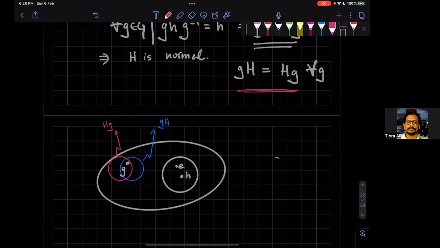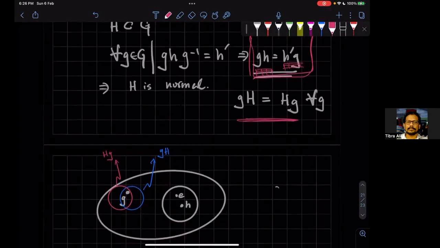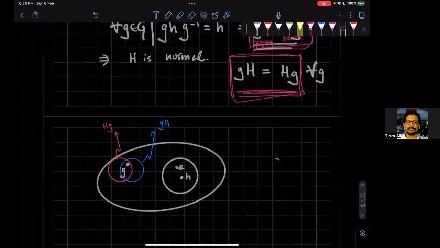It can be that when you left multiply H by G, and you right multiply H prime by G, you get the same element, so that you end up with the same set. But the idea is that at the end of the day, these operations give you the same set. If that is the case, then we say H is normal.